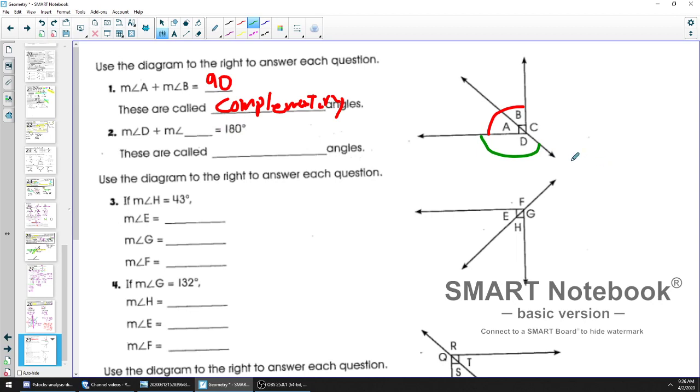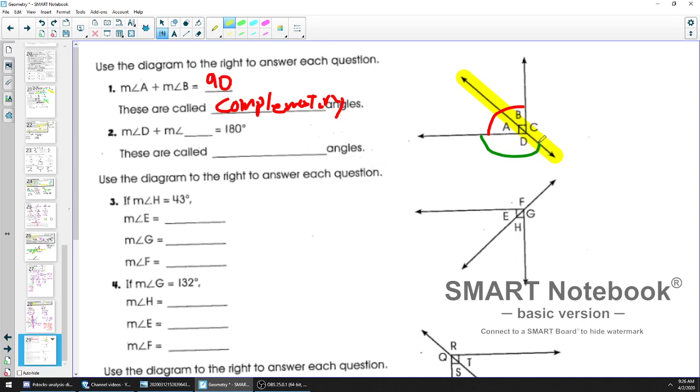Where do I see a straight line with angle D? I could say maybe C, but no, that's not a straight line. I'm going all the way around, so that's no good. Do I see a straight line anywhere? If you said this, you are correct.